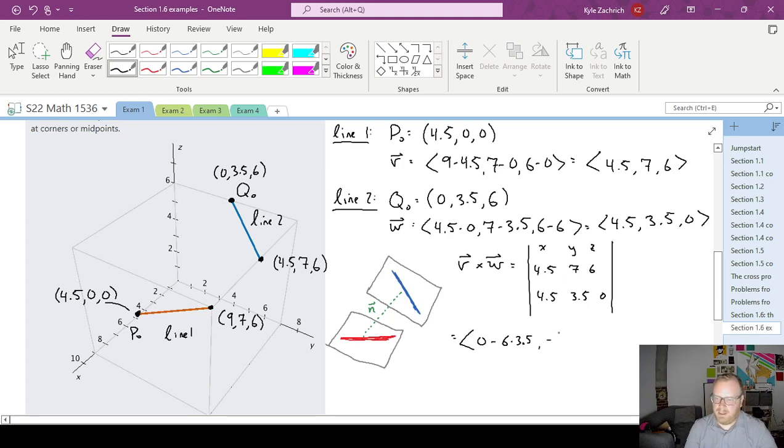My y is going to be 0 minus 6 times 4.5. And my z is going to be 4.5 times 3.5 minus 7 times 4.5.